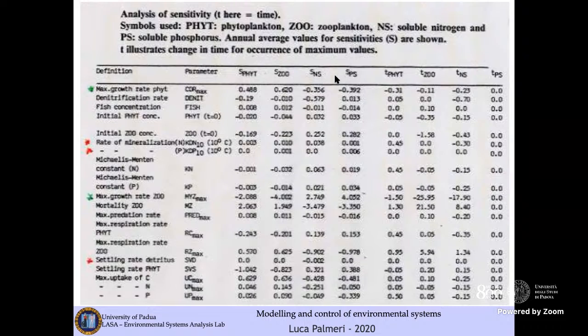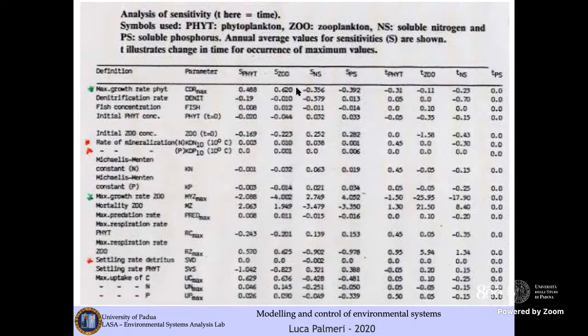These are evaluated on the effect of variation of various parameters, and you discover, for example, that the max growth rate of phytoplankton is significantly sensitive to the concentration of zooplankton.